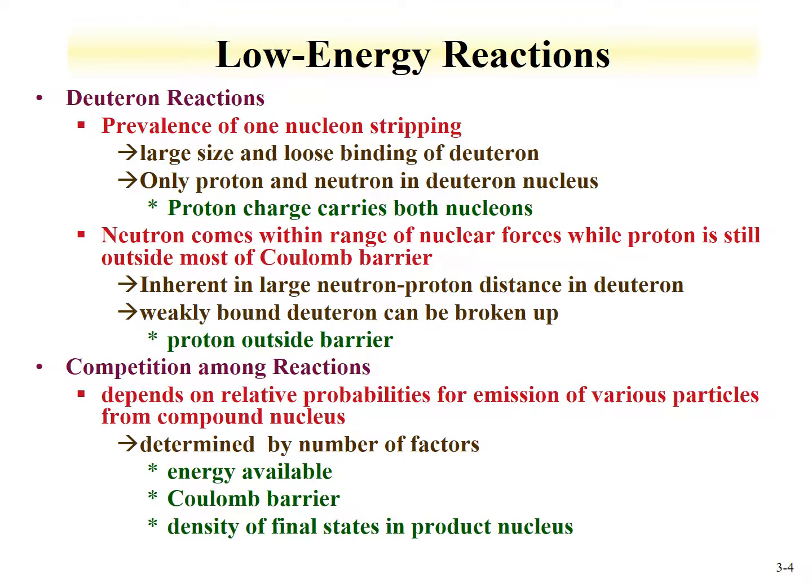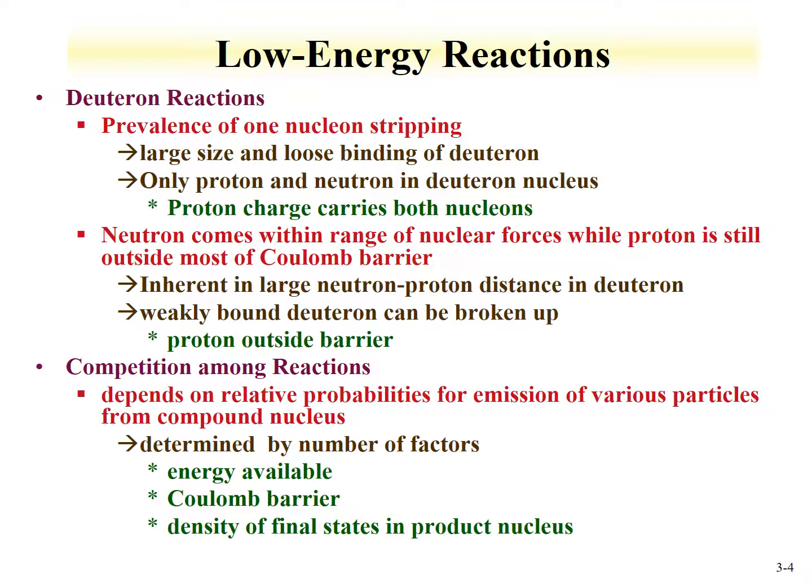Other low energy reactions with light projectiles include deuterium or deuteron reactions. In these reactions, you can think about that with deuterium, you have 1 proton, 1 neutron in the nucleus. So you can think of almost that the proton is carrying the neutron around.